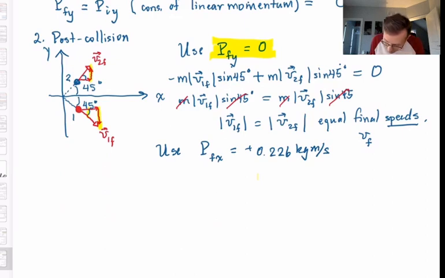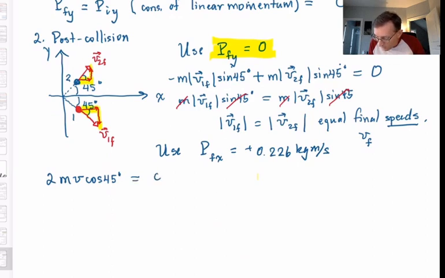That will be m times the magnitude of the final velocity times cosine 45, because now I need to take the x component of the velocity, like that one and that one right there, which is magnitude v cosine 45, and then multiply by m. But it'll be exactly the same x component for each particle, right? So it's just 2 times that expression. That's the total x momentum after the collision.